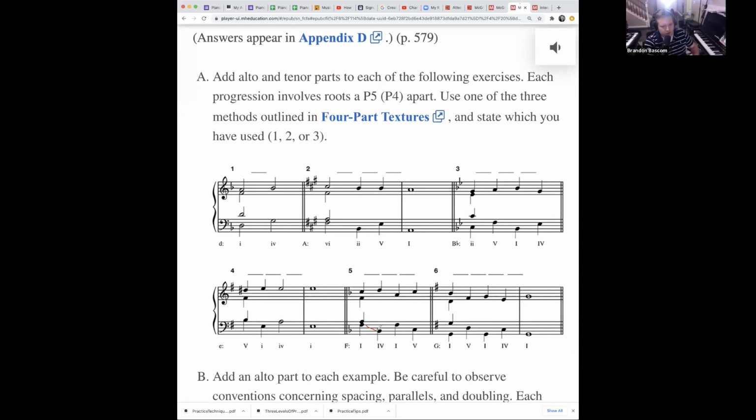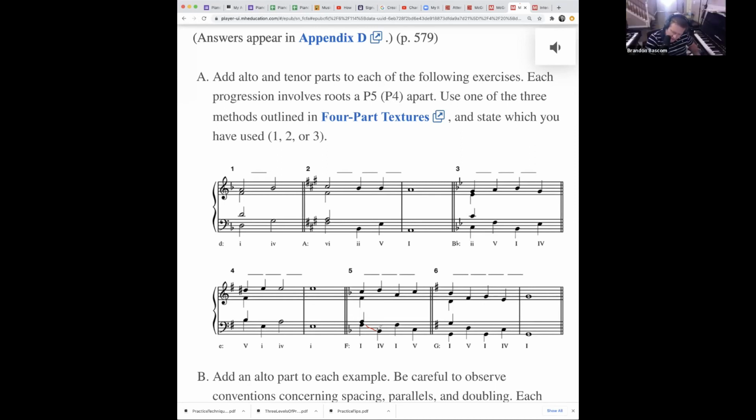Sure. So way number 1 is stepwise motion. That means every note moves by step to a chordal tone. This is on page 83 in your textbook. Similar, common tone and stepwise motion.